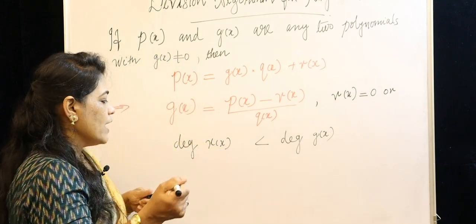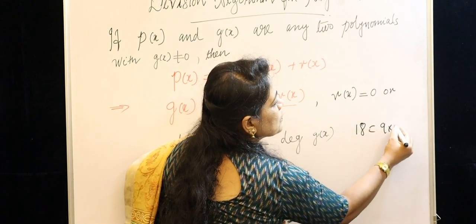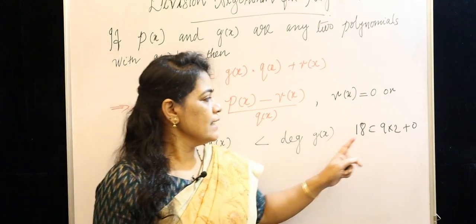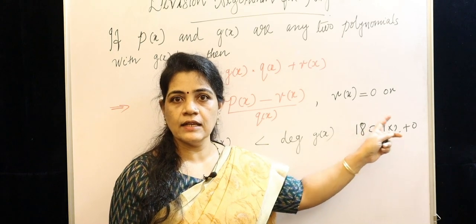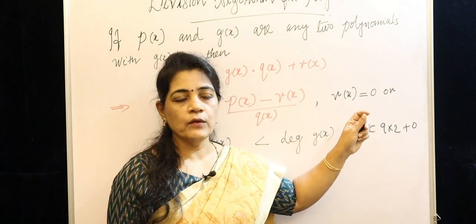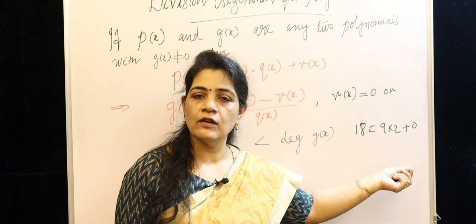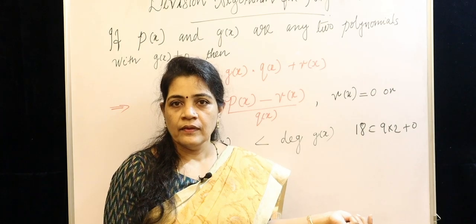Can we write 18 as 9 into 2? In that case, remainder is 0, because 9 divides 18. You can also divide 18 by 2, and the remainder is 0. That means both 9 and 2 are factors of 18.